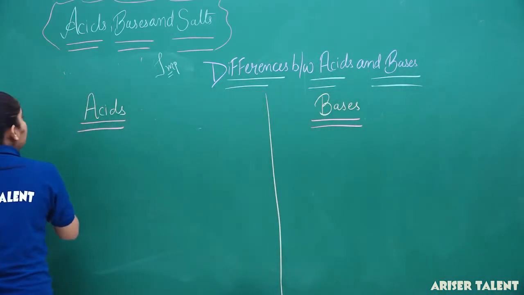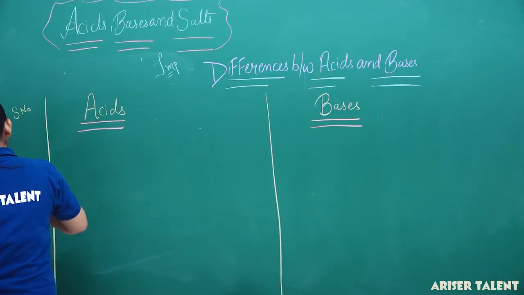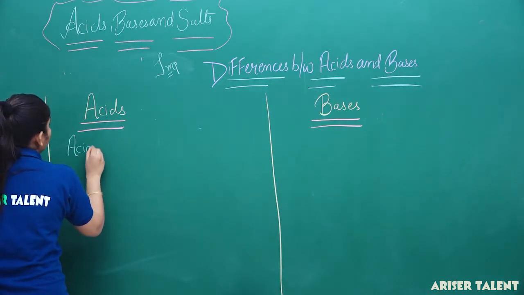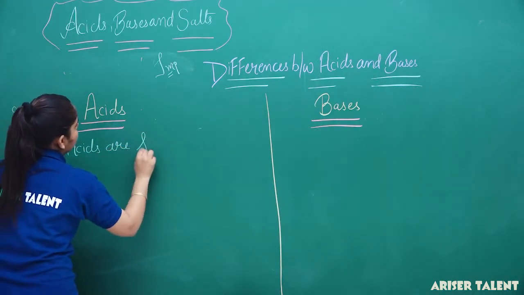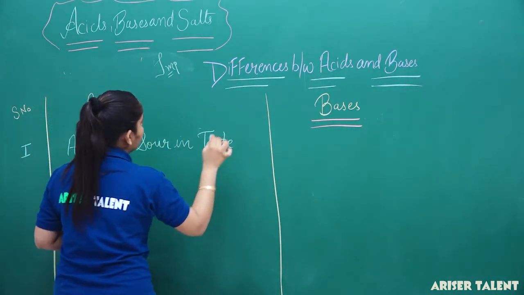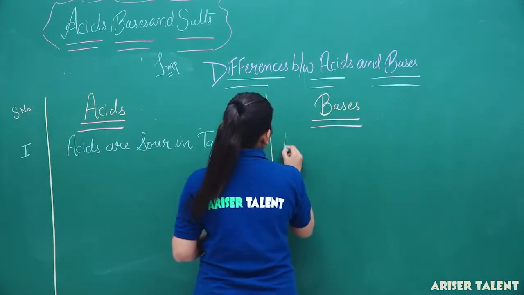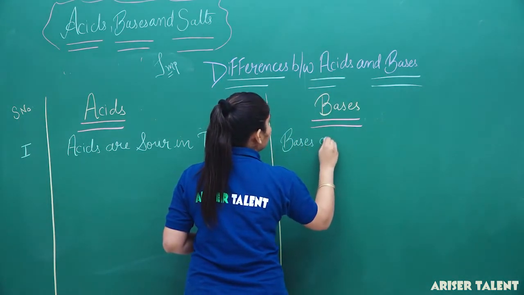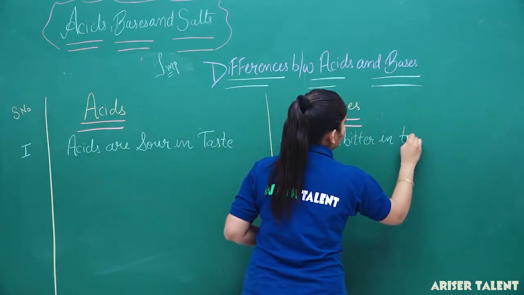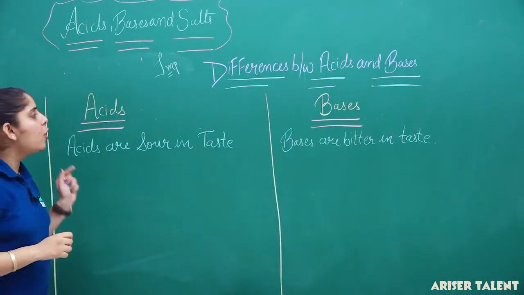So our first point to distinguish acids and bases will be, acids are sour in taste, and for the bases I can write that bases are bitter in taste. So this will be the general distinguishing point of acids and bases.